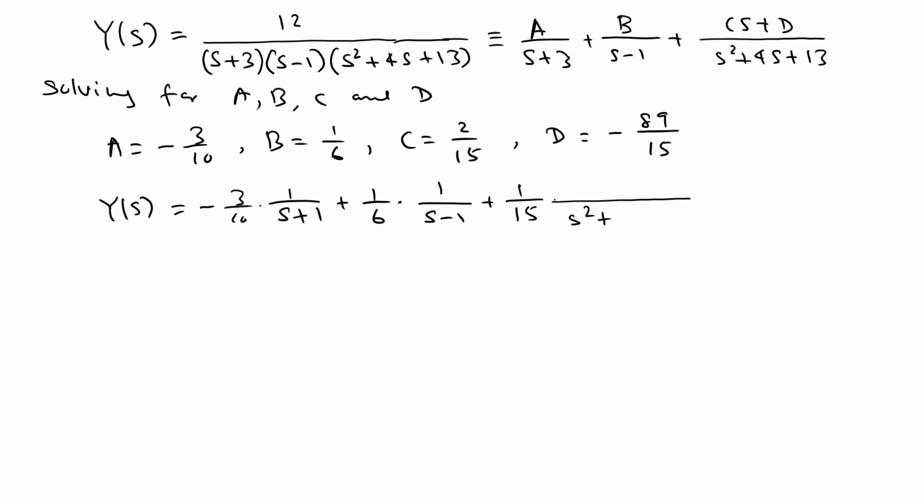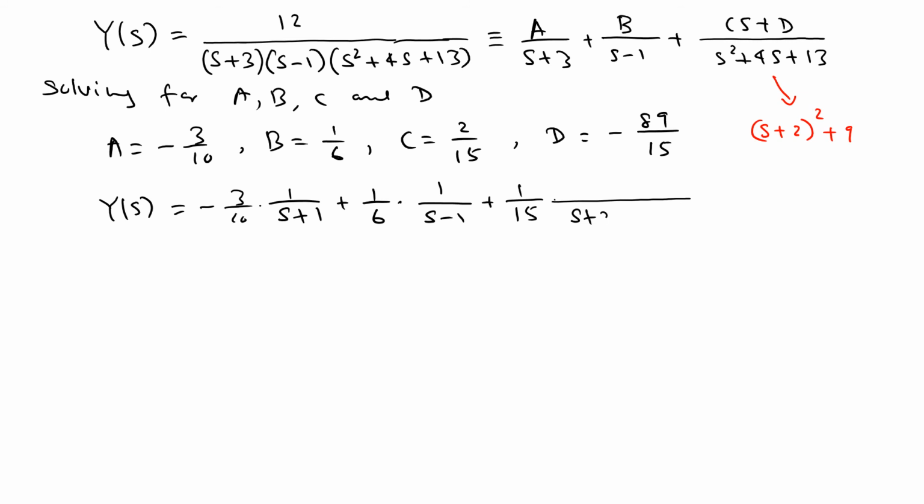You can rewrite this one as, we need s plus half of the coefficient squared, so you get s squared plus 4s plus 4, but 13 means 9 left, and that's exactly what we're going to use here.